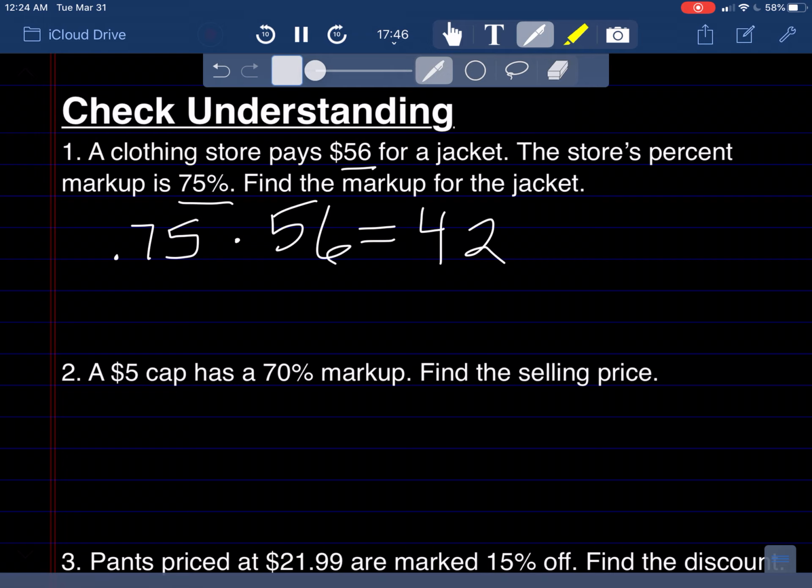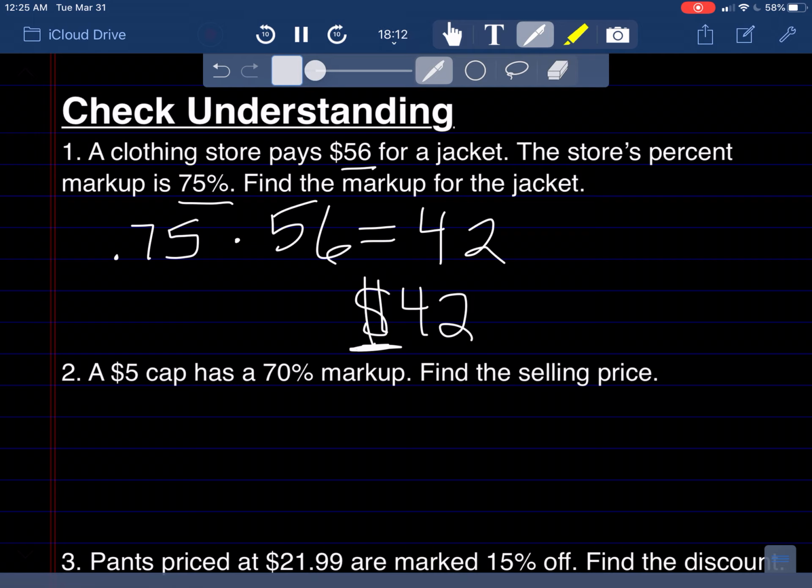So the markup, I'm not going to make you write out this sample sentence, but make sure you write it correctly. So you should have written the markup was $42. Make sure you put that dollar sign, okay? That dollar sign is very important. All right, so I'm going to give you 5 seconds, and we're going to move on to the next one. Pause if you need to.